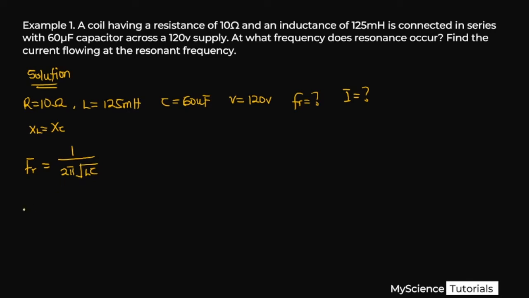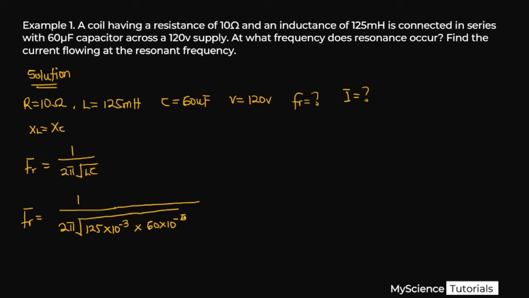So from here we can find our resonant frequency to be equal to 1 over 2 pi root of L, the inductance given to us, 125 times 10 raised to the power negative 3, multiplied by the capacitance, 60 times 10 raised to the power minus 6.